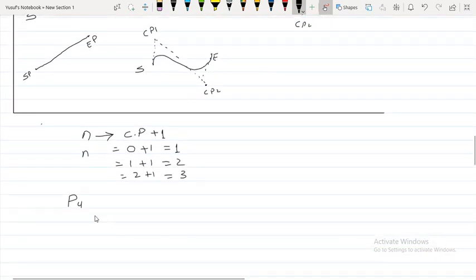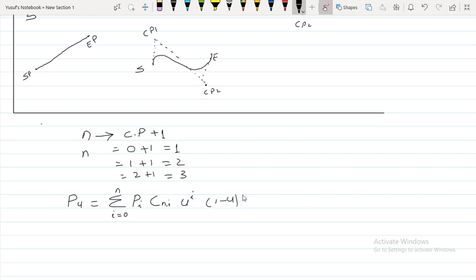P(u) is the points on the curve, which will be equal to the summation of i equal to 1 to n, where the value of n will be equal to number of control points plus 1, of P_i, C(n, i), u^i, and (1 - u)^(n - i).